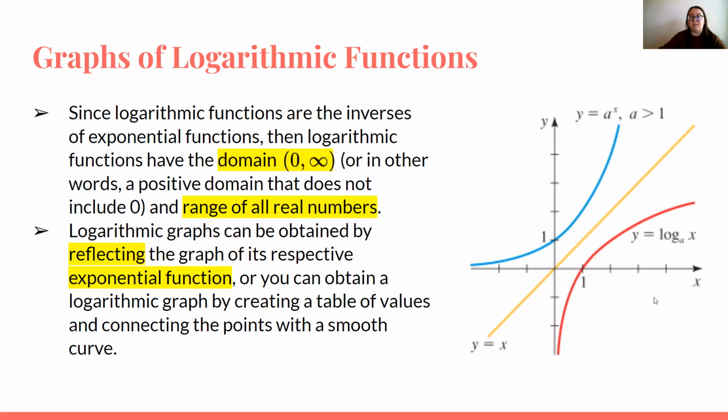So the domain of the logarithmic function is 0 to positive infinity. Then the range would be all real numbers, since the domain of the exponential function was all real numbers. Remember, they are switched for inverse functions. Since they're inverse functions, we switch domains and ranges.